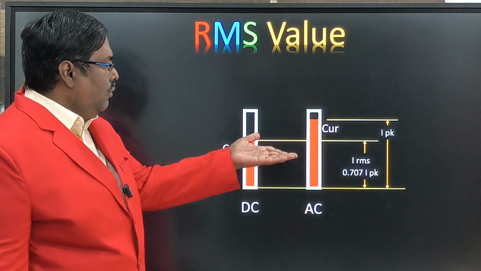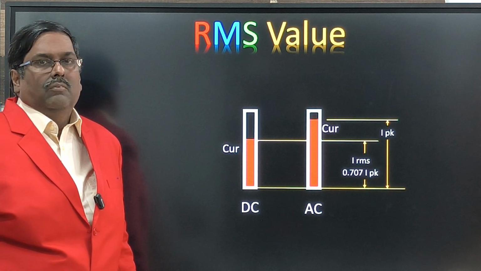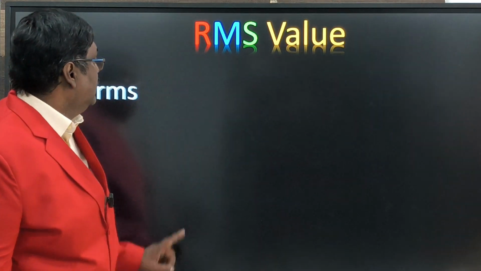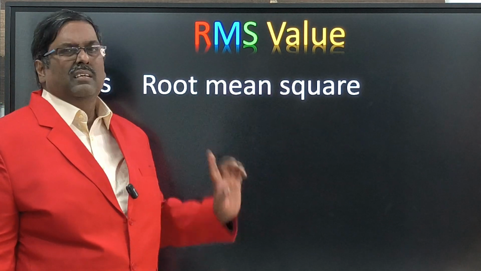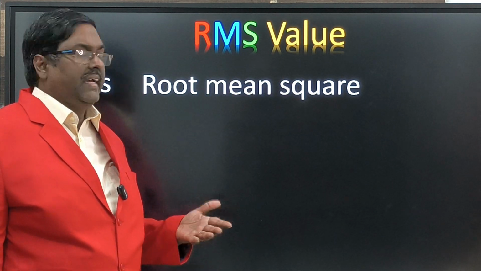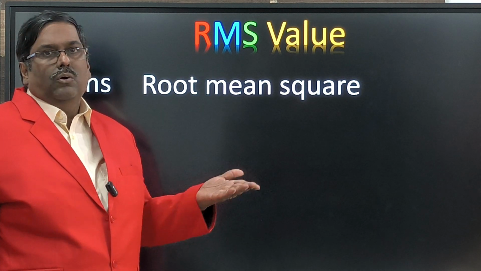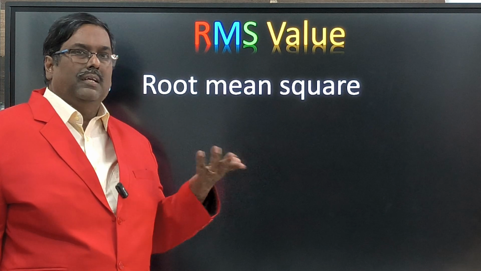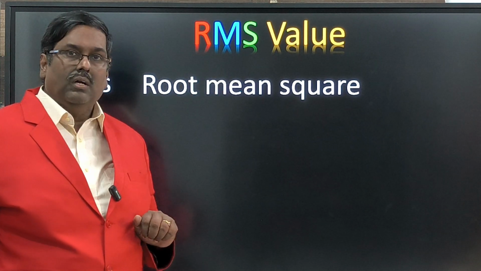Okay. So how are we calculating this RMS value? What is this RMS? What is the meaning of RMS? It is root mean square. RMS, root mean square. Root mean square means what? It is a step of calculating the value. For the average value, you know, you add all the vertical lines and then divide by the number of equal parts and you get the average. That is the mean. Okay. But this RMS value is not like this.